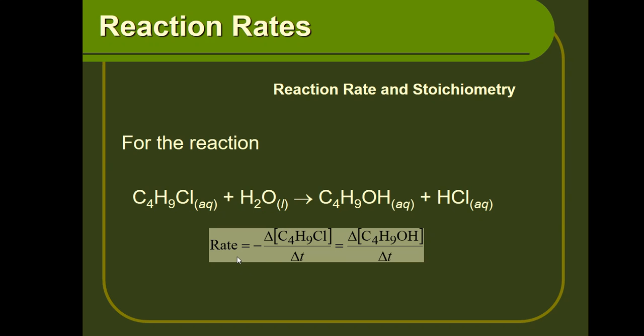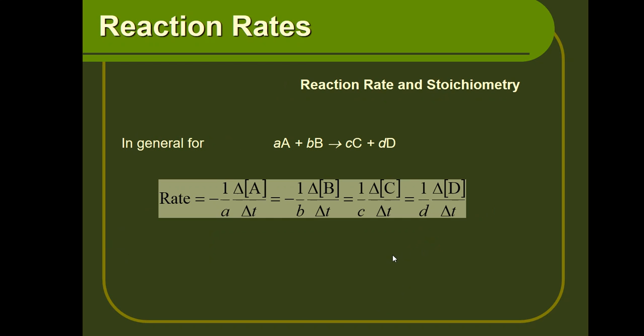The rate of this particular reaction could be expressed in terms of butyl chloride or in terms of butanol. And this rate, again, is average rate. Now, if we want to know the relationship of rates with stoichiometry, whether it is the average rate, as indicated here, or instantaneous rate, it would in principle be the same as written here.